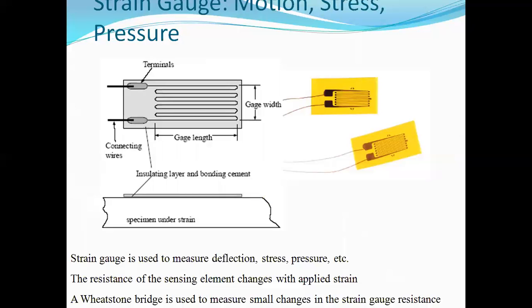In the case of the strain gauge, we already discussed earlier that a strain gauge is used for measurement of different types of stresses that occur suddenly in particular regions due to the application of forces or pressures, or high deflections due to high stress levels on a particular object.